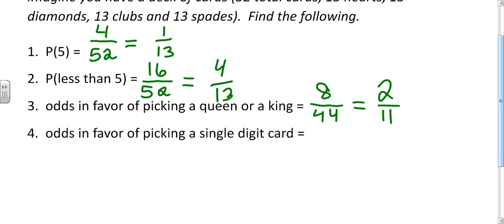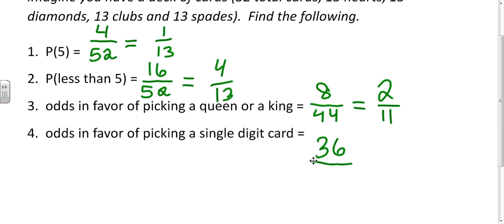And finally, the odds in favor of picking a single digit card. So that's ace, 2, 3, 4, 5, 6, 7, 8, 9. And that is going to be 9 for each suit. So that's 36 single digit cards out of a deck of cards.